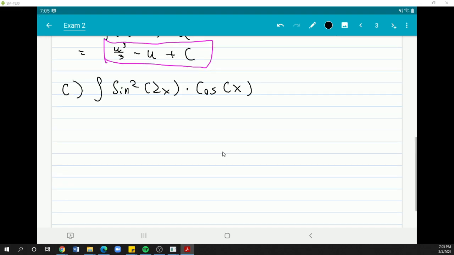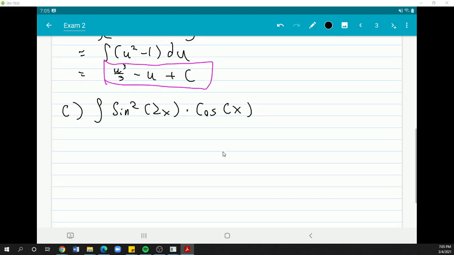Okay, so again, this is one trig formula magic that needs to happen. Sine of 2x is equal to 2 cosine of x sine of x.